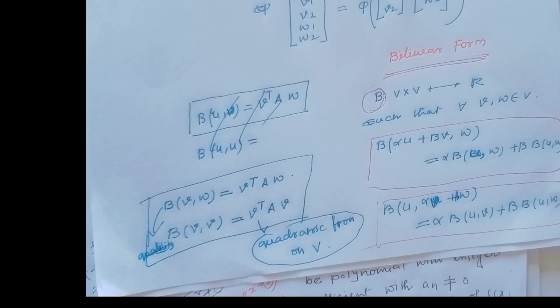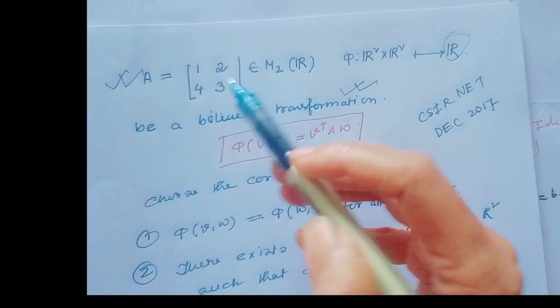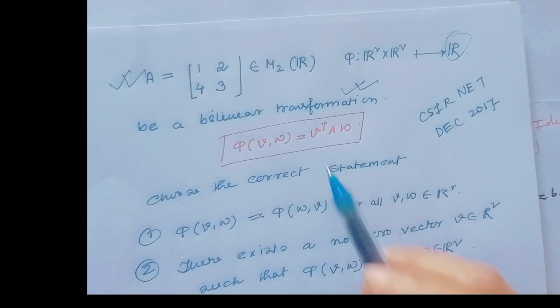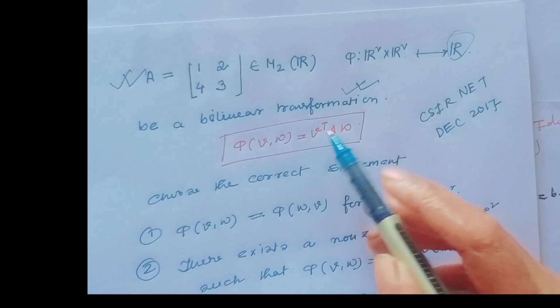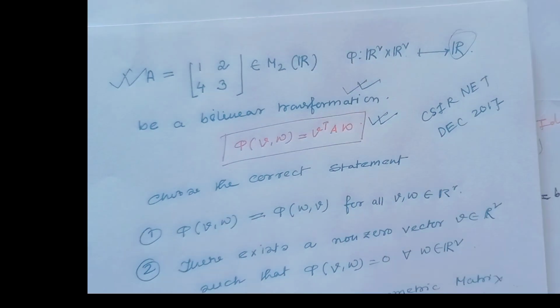Bilinear form means actually it is linear in both coordinates. Here one matrix is given, and the bilinear form is denoted as v transpose A w.